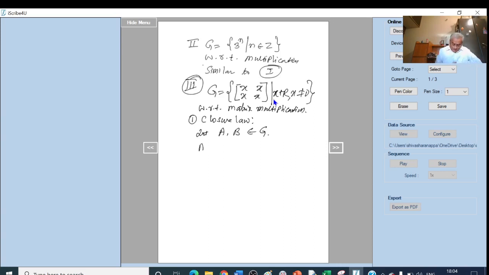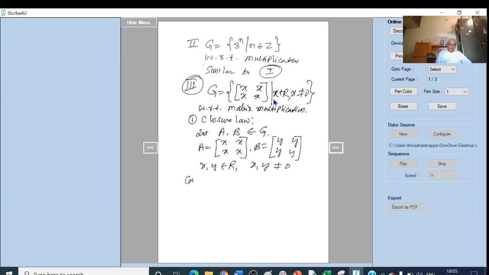Therefore, A must be of this form. A is equal to X, X, X, X, and B is of this form, Y, Y, Y, Y, where X and Y belong to R and X and Y are not equal to 0.